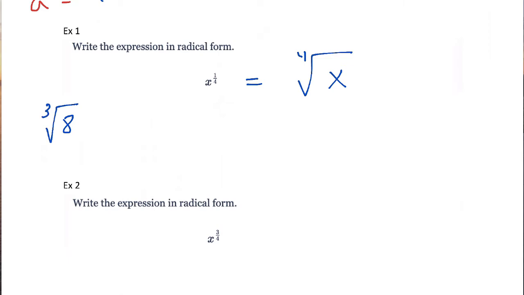Just to give you some ideas, the 3rd root of 8 is actually equal to 2, because 2 times 2 times 2, or 2 to the third, is equal to 8. But for this first problem, we were just trying to rewrite it in radical form.